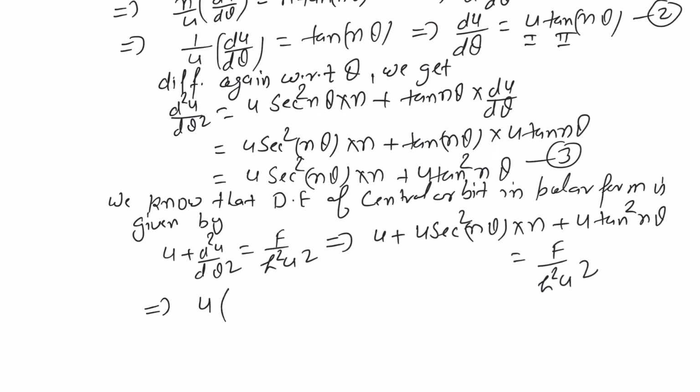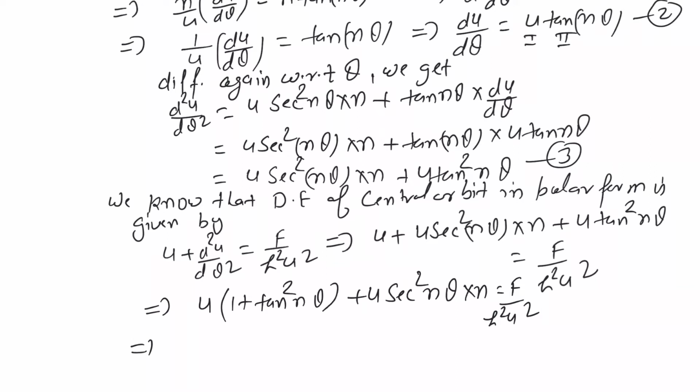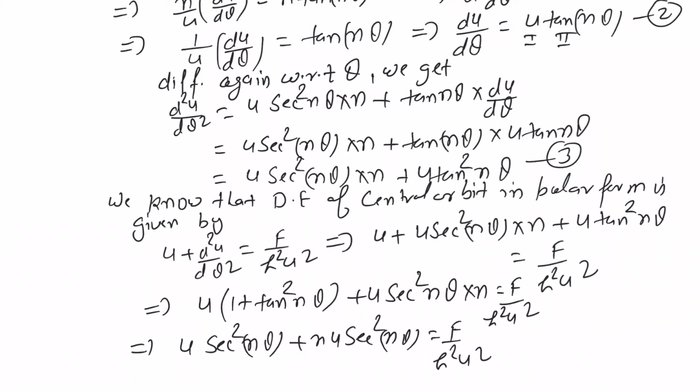u is common, 1 + tan² nθ, plus u sec² nθ into n = f/(h²u²). This implies that u sec² nθ + nu sec² nθ = f/(h²u²).